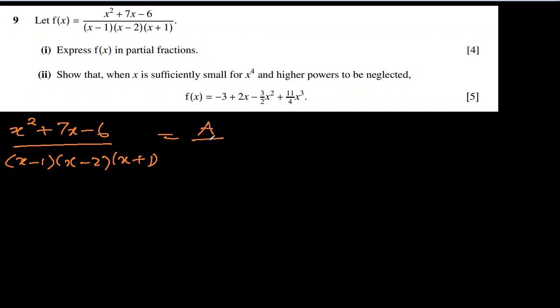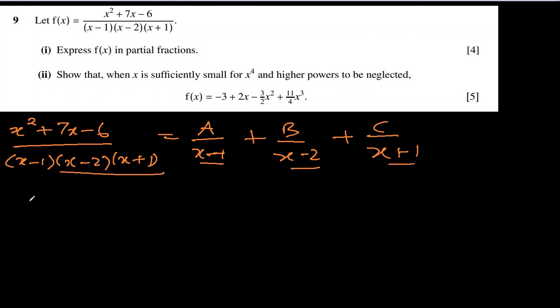Okay, let's assume this is equal to a over x minus 1 plus b over x minus 2 plus c over x plus 1. To find the values of a, b, and c, let's find the LCM of these three, which will be exactly this.